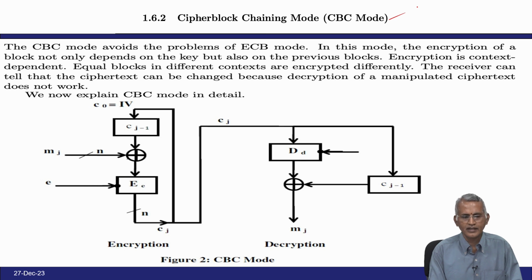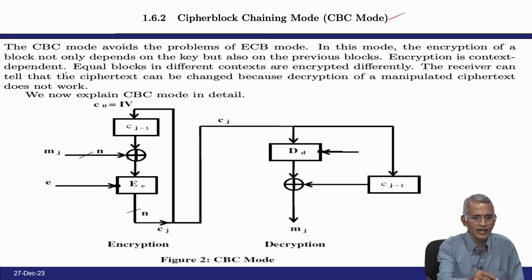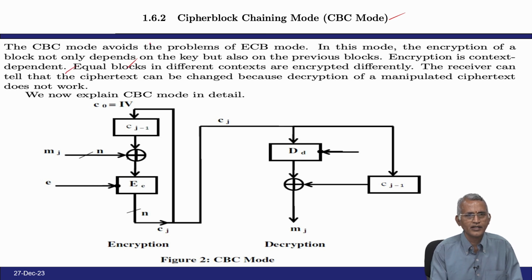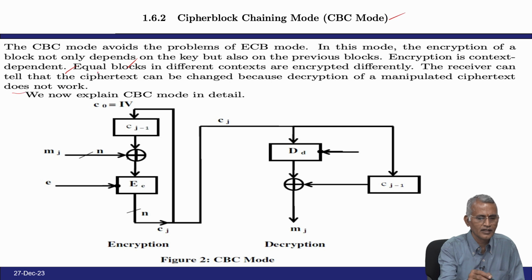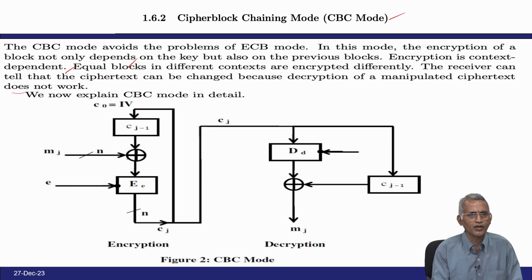So, encryption is context dependent. Equal blocks in different contexts are encrypted differently. So, the receiver can tell that the ciphertext has been changed, because the decryption of the manipulated ciphertext does not work. That is a key point of cipher block chaining mode.